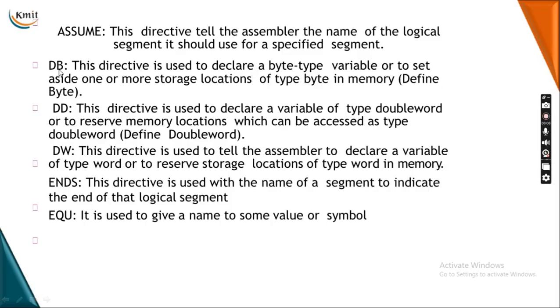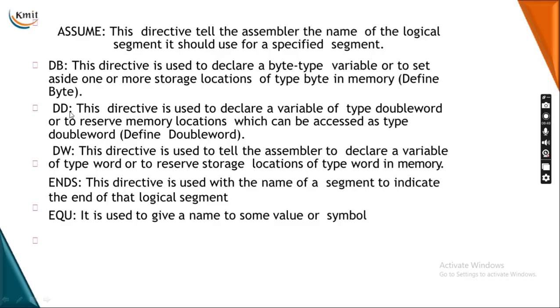Next, DB, define byte. This directive is used to declare a byte type variable. We can declare a byte type variable with the help of this directive, which is DB. So declare one variable with DB, and you can store that byte information into that corresponding variable. Next, DD. This directive is used to declare a variable of type double word.